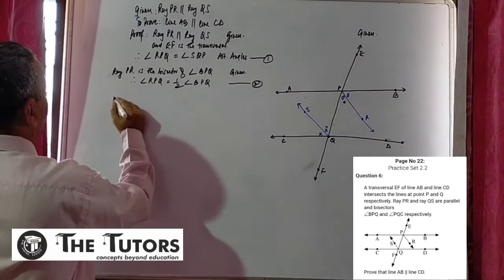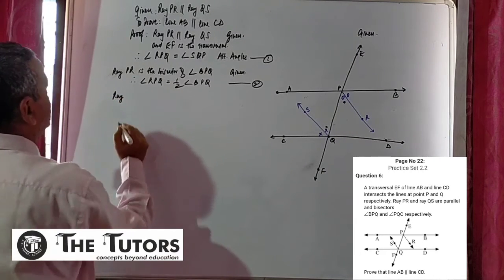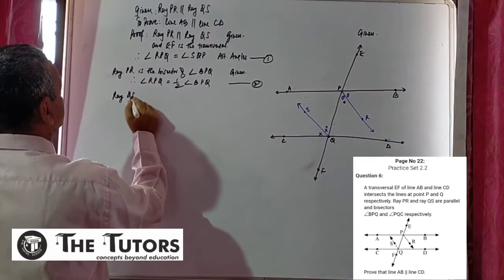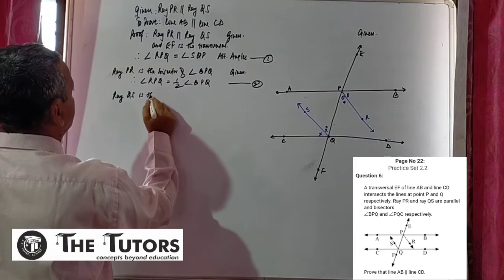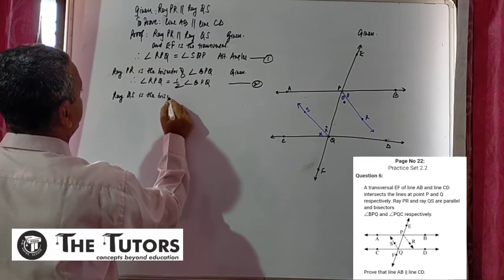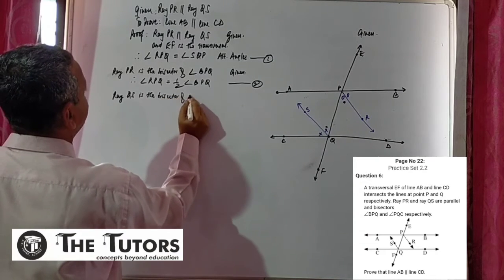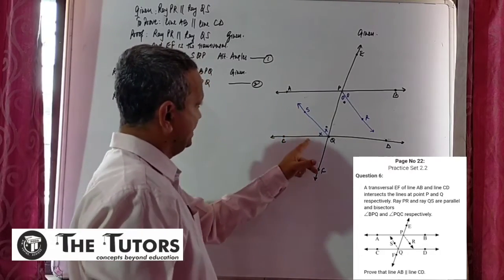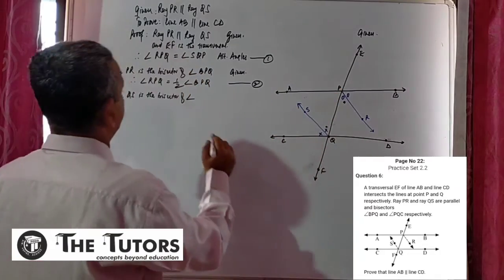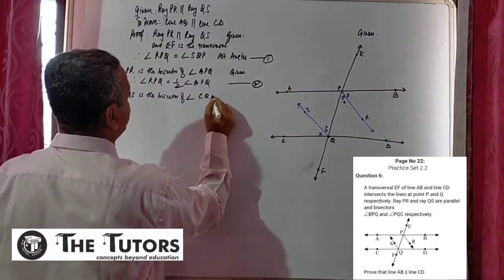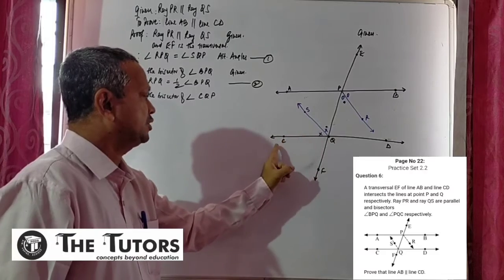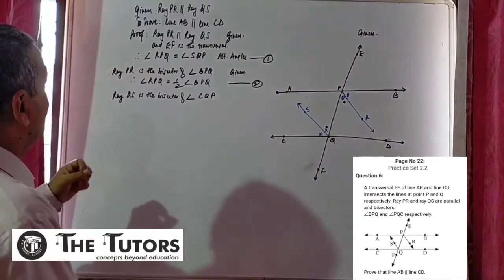Then you have the ray QS is the bisector of angle CQP. Ray QS is the bisector of angle CQP.